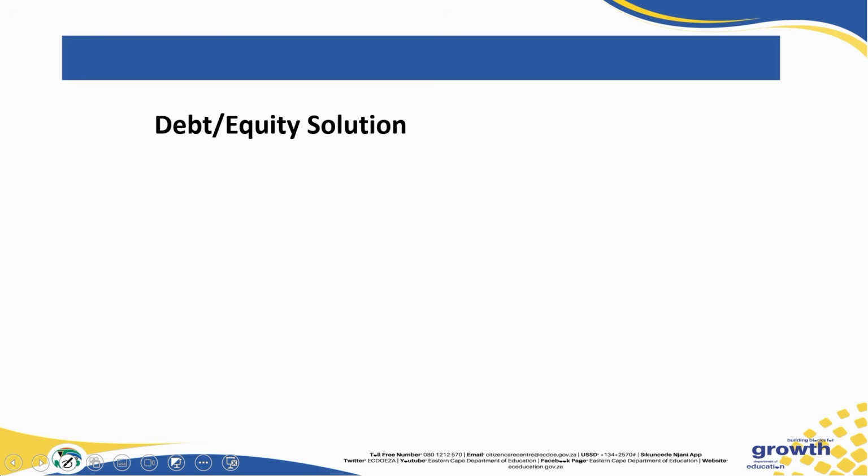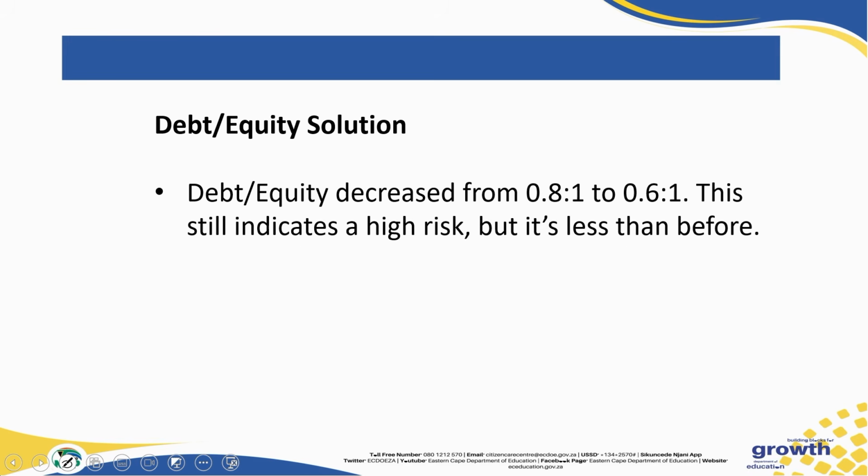Okay, so from our example, we can see that our debt equity ratio has decreased from 0.8:1 to 0.6:1. This still indicates a high risk because it is above 0.5, but it's definitely less than before. So it has decreased from the 0.8:1.